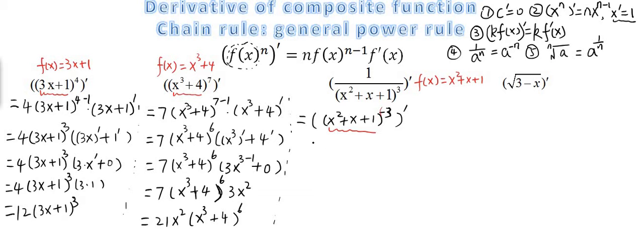So we're gonna plug in the formula: n is negative 3, f(x) is x squared plus x plus 1 to the power n minus 1, which is negative 3 minus 1, times f'(x), right? Prime. Okay, and then we can simplify it.